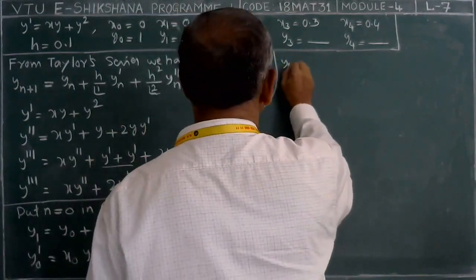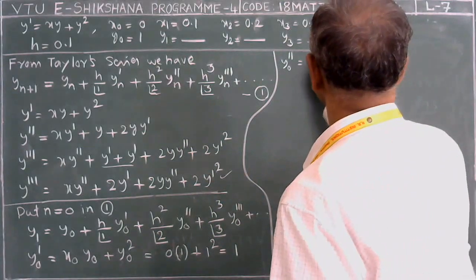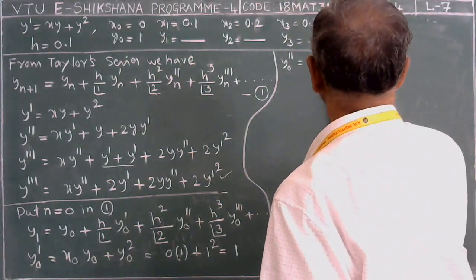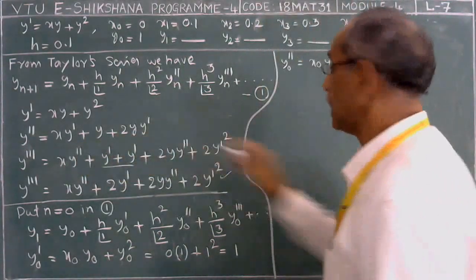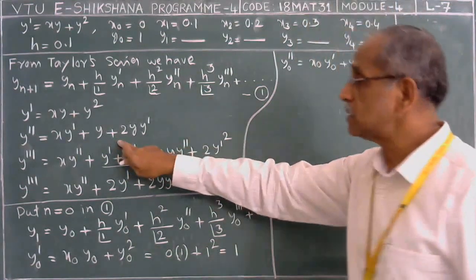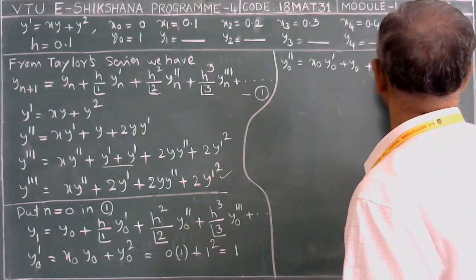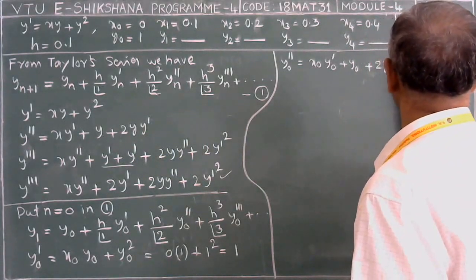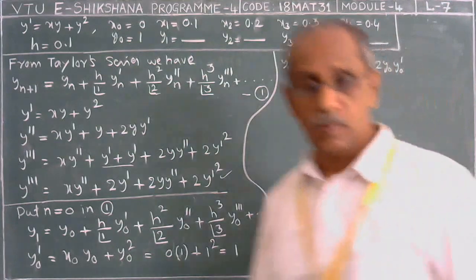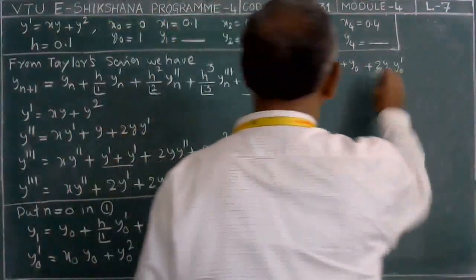Similarly, y naught double dash is x naught y naught dash plus y naught plus y naught plus 2 y naught y naught dash. Now substitute here.